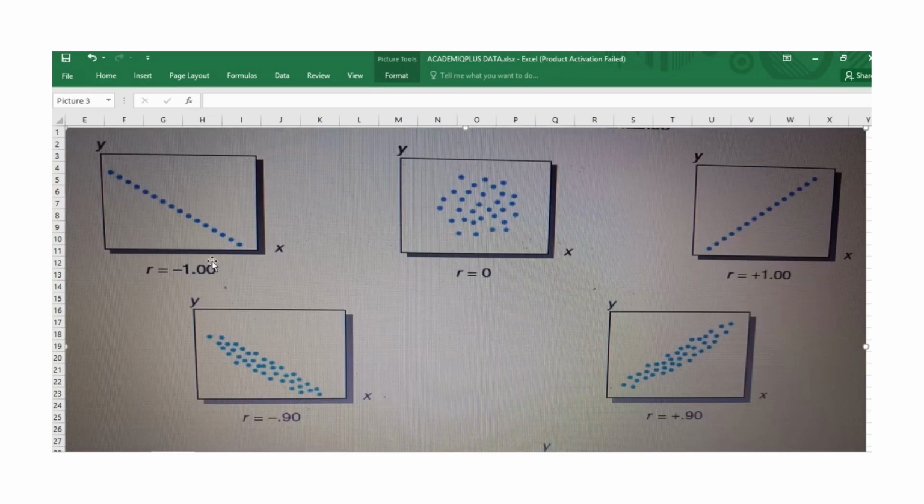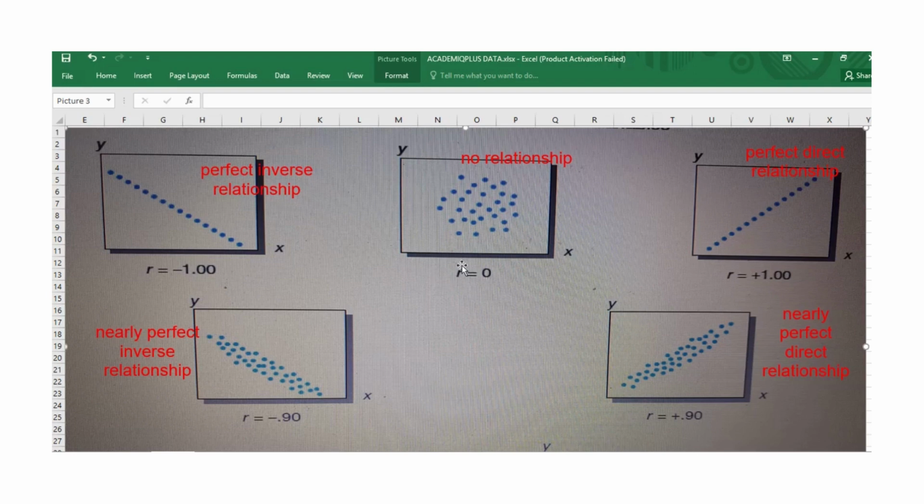Look at different scenarios of the scatter diagram. So we have the typical general representation of R, the coefficient of correlation. In the case of R perfectly -1, this shows a perfect inverse relationship between the two variables. And we have a case where we have the perfect +1, a positive direct relationship, and it's perfect in this case.